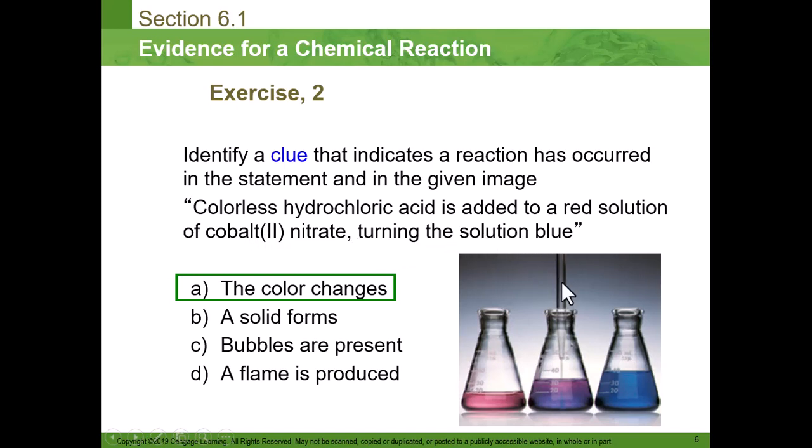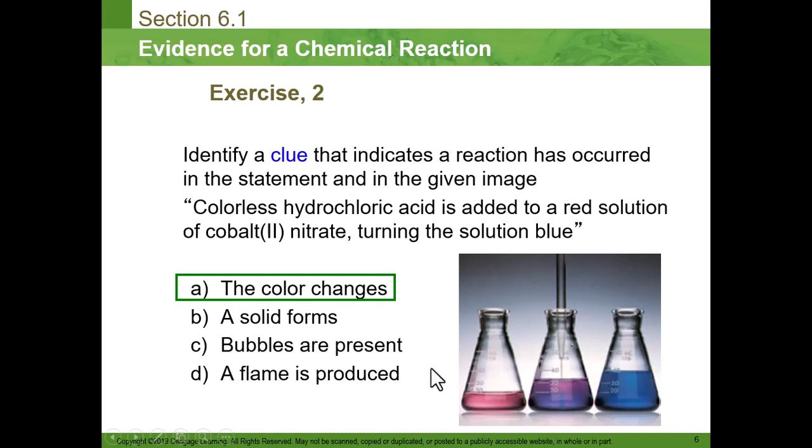So we are adding drops of hydrochloric acid inside a solution of cobalt 2 nitrate. Before we do this, the color was red, and as we keep adding more drops, the color rapidly changes from red to blue.